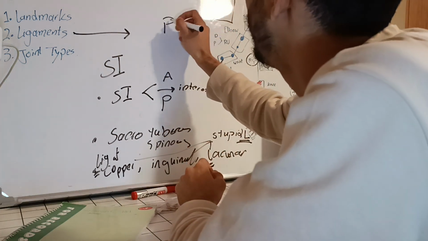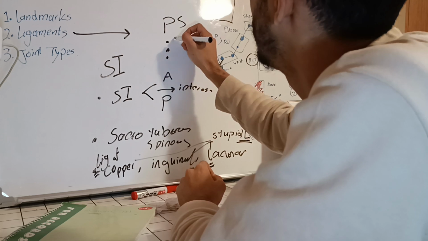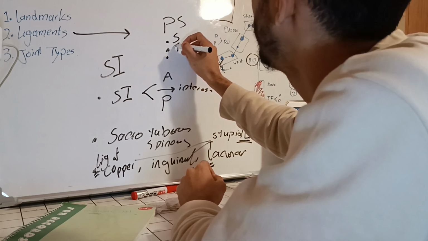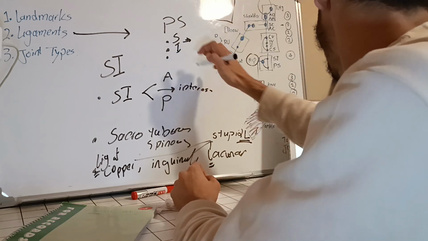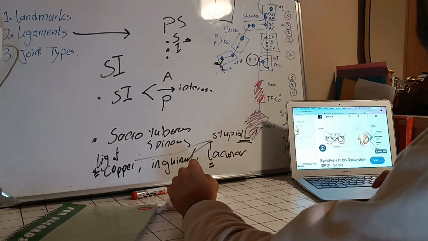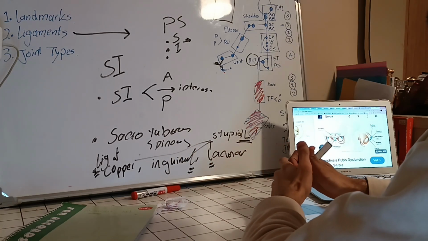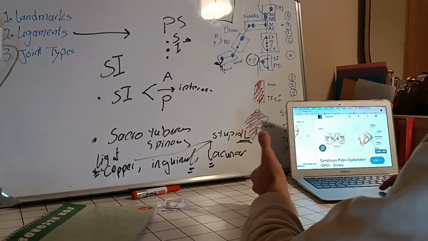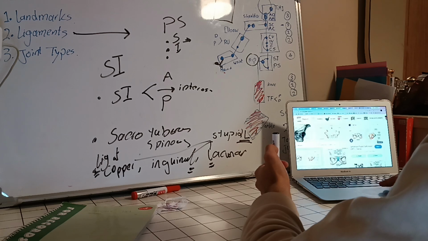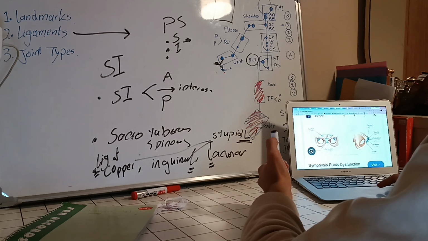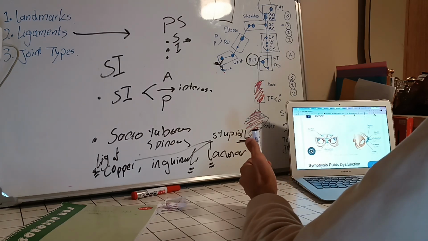So the pubic symphysis contains also three: the superior, the inferior, and the interosseous.